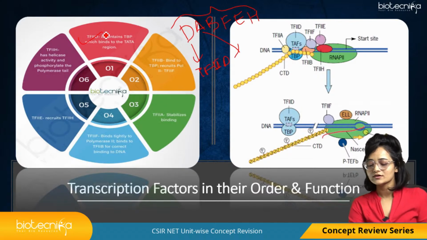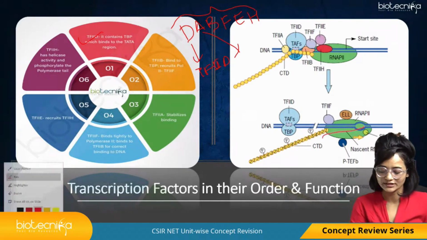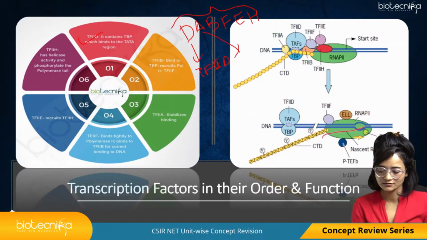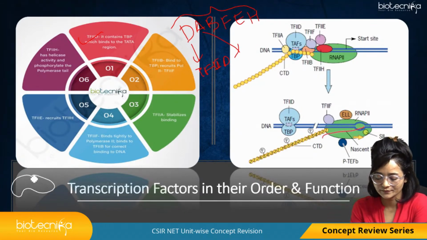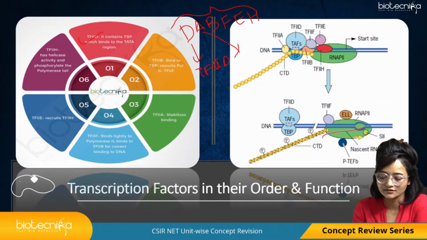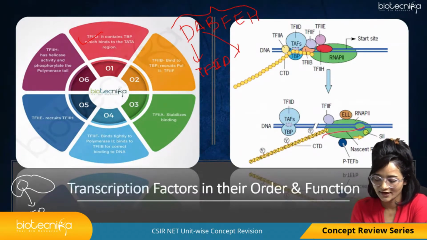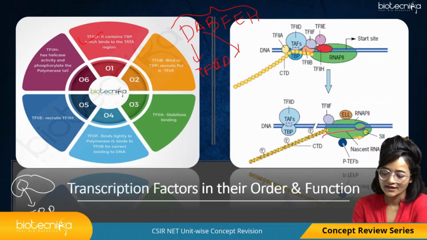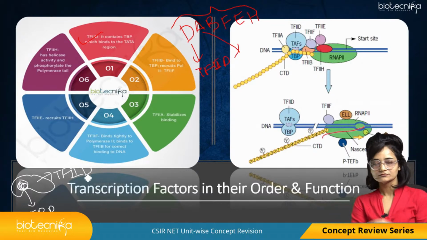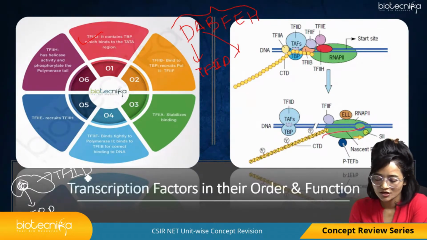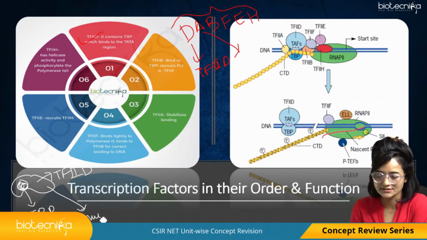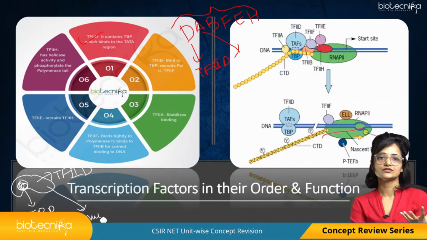The special factor about TF2D is that the TBP region is there. The TATA binding protein is part of this TF2D transcription factor. And there are other subunits also present here. This is a protein which consists of multiple subunits.